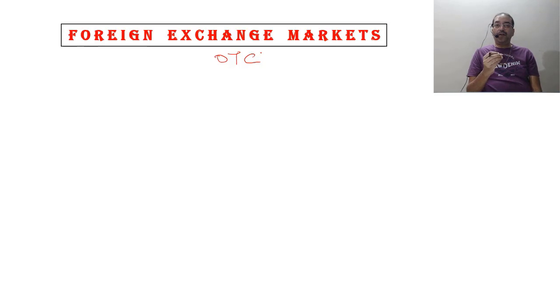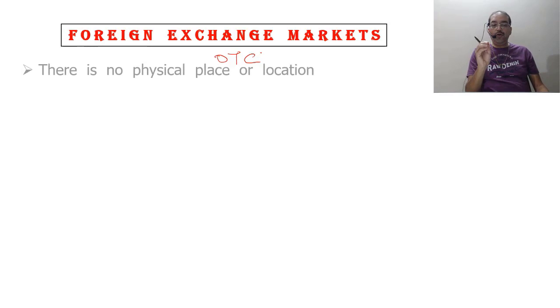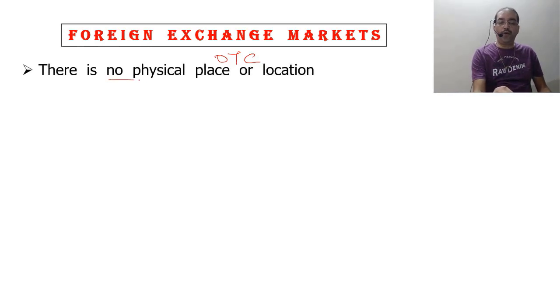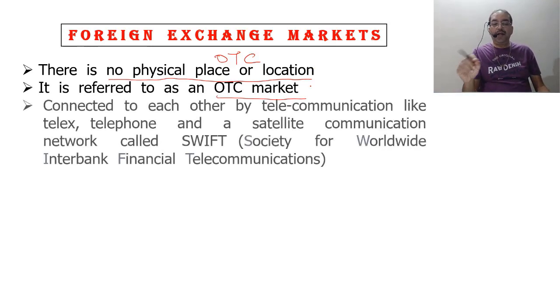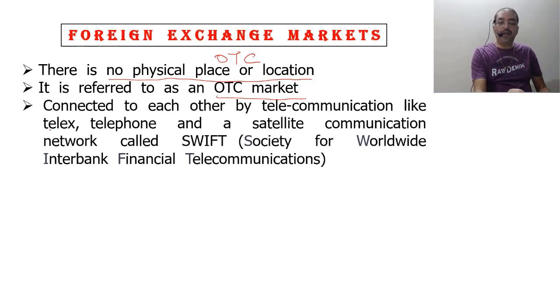Transactions are done through telecommunications, telex, telephones, satellite communications. So we don't have a location. There is no physical place or location of a forex market. It is referred to as an OTC market, connected to each other by telecommunication like telex, telephone, satellite communication, etc.